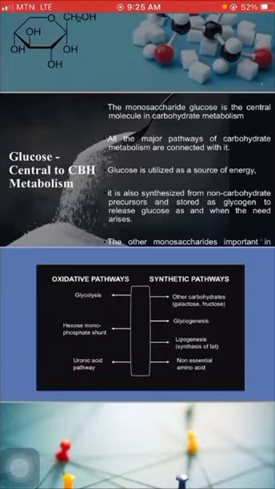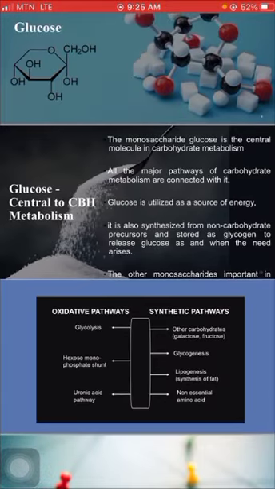So when I'm talking about carbohydrates, the main focus here is the monosaccharide. And the monosaccharide, our main focus is the glucose. Why glucose? Glucose because this glucose is the central molecule when it comes to carbohydrate metabolism.